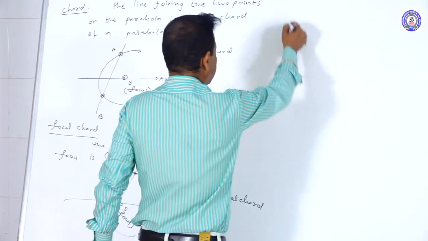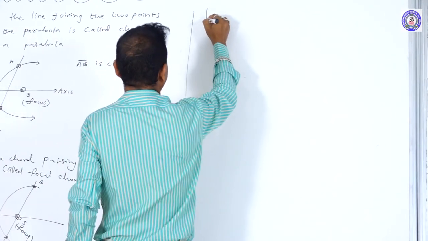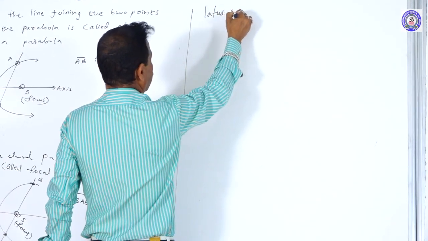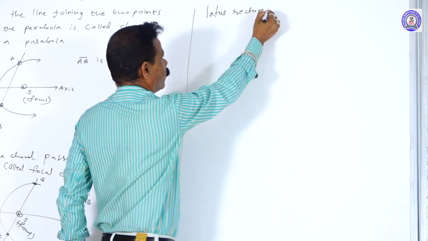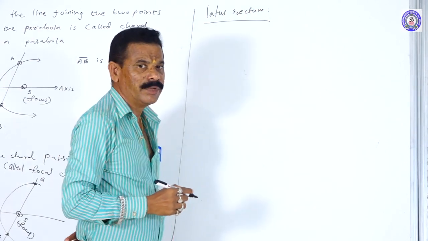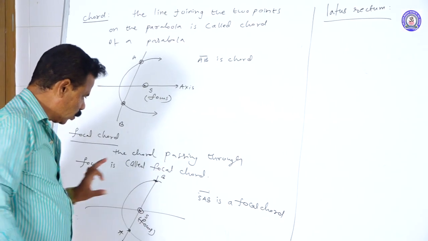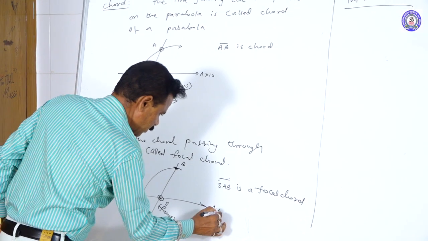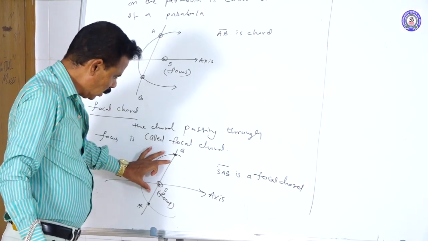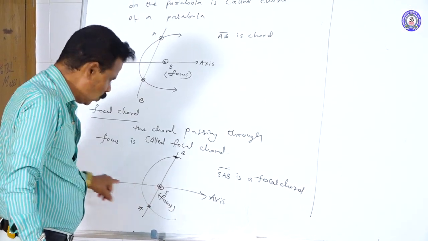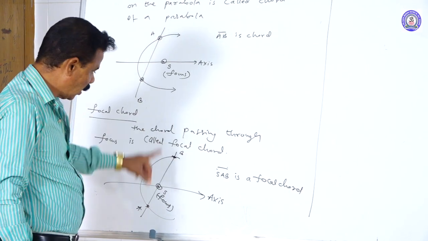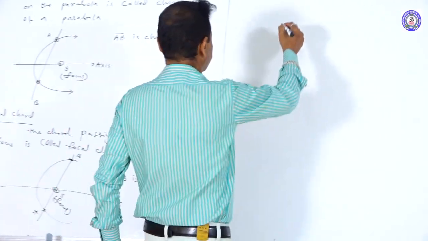Next, latus rectum. Latus rectum means the focal chord perpendicular to the axis. This is the axis.